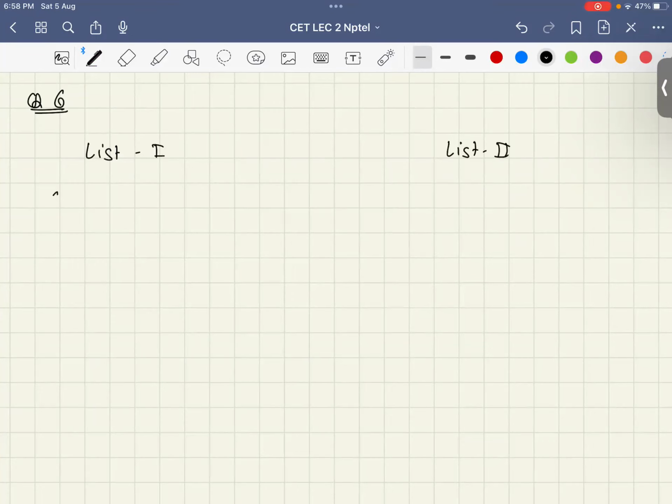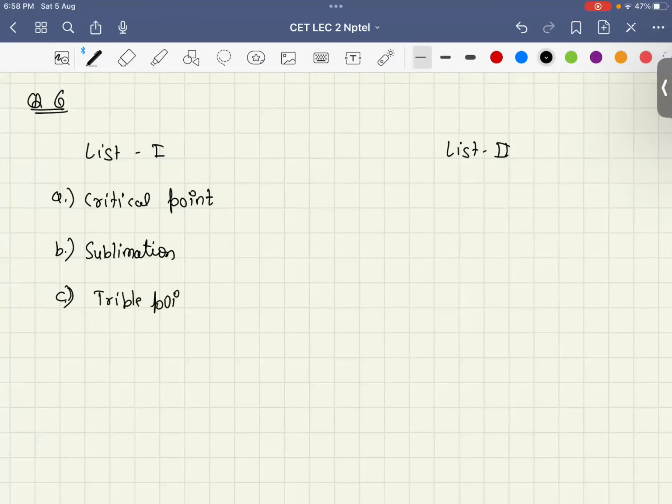The first option here is critical point. The second option is sublimation. Option C is triple point. And the third one is melting. Now you have to choose one from list 2 which corresponds to which.